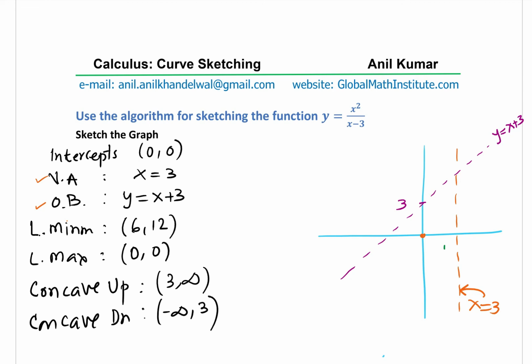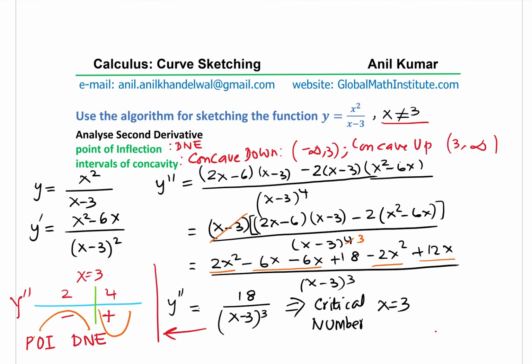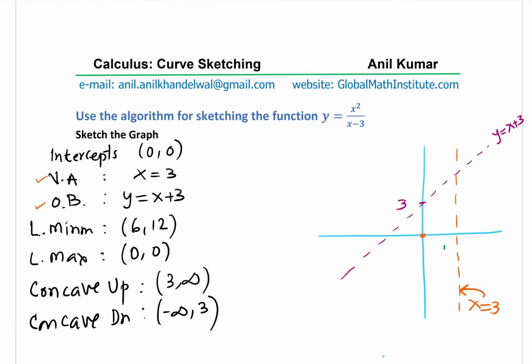This is what we learn using the second derivative as mentioned here. Clear? There is no point of inflection, important to note. So we are saying this is maximum and that is a vertical asymptote. So how can you sketch the graph?